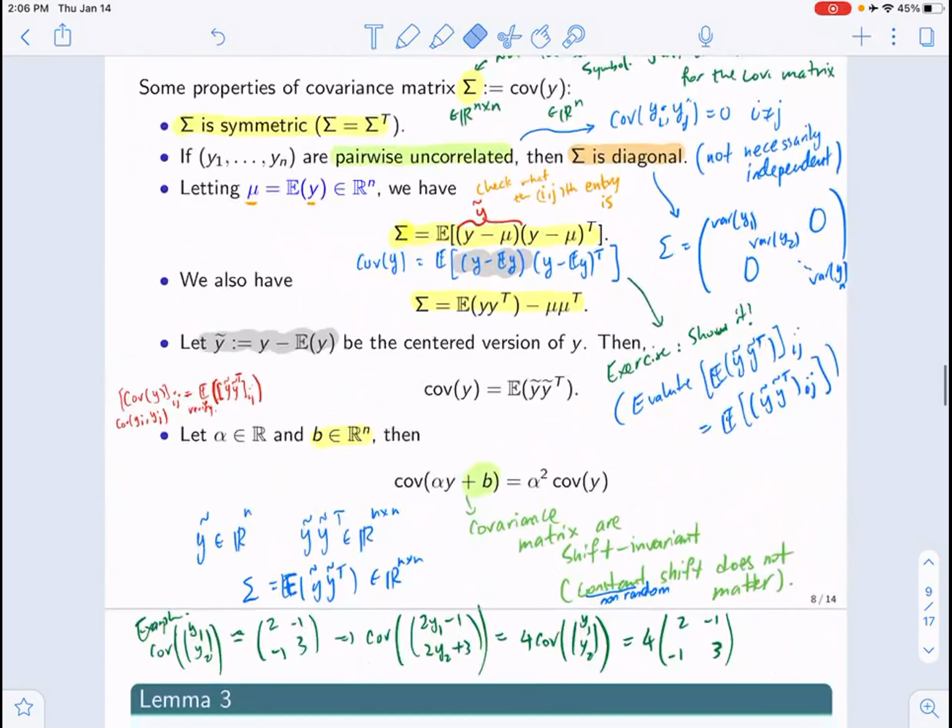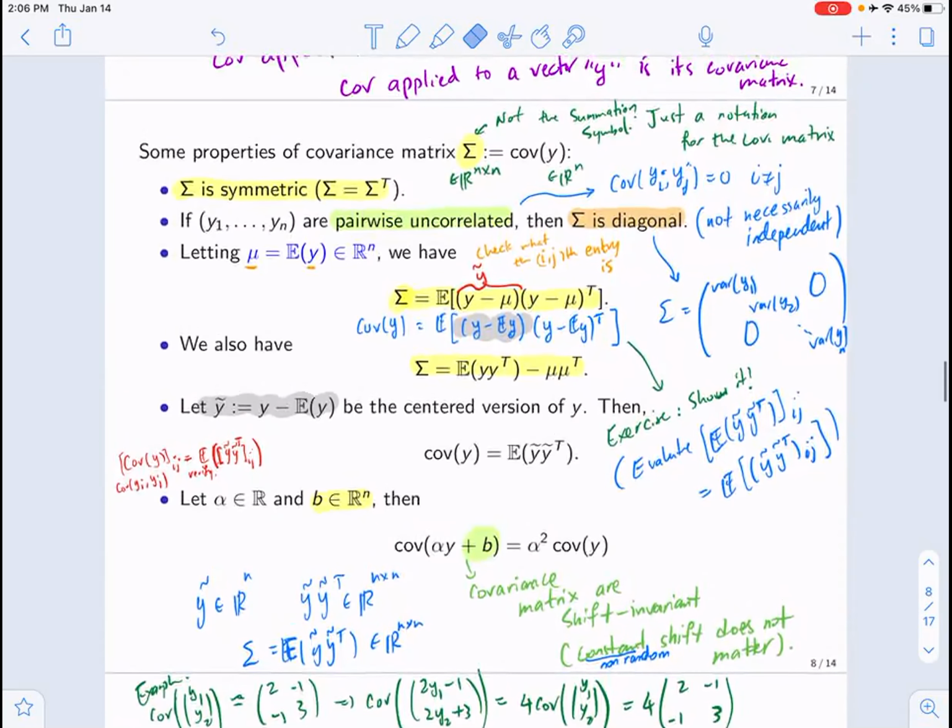We talked a little bit about this slide, which I hope everyone went through and took a look at. This has some of the interesting properties of a covariance matrix. So a covariance matrix is symmetric: Sigma is equal to Sigma transpose. If the elements of the vector are pairwise uncorrelated, then the covariance matrix will be diagonal. This is clear from the definition.